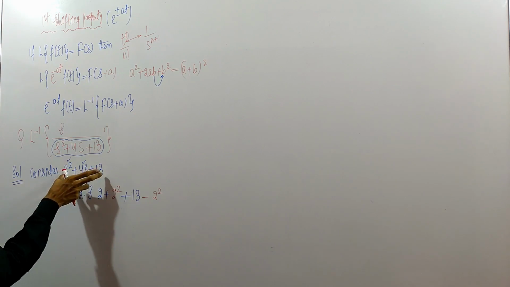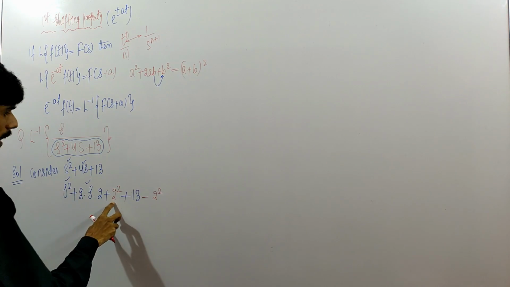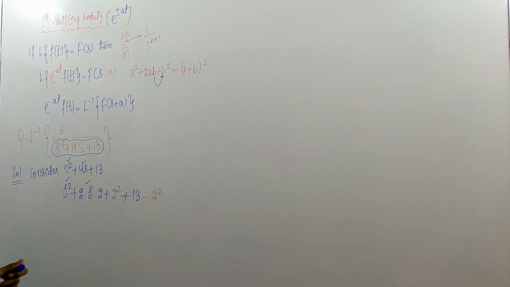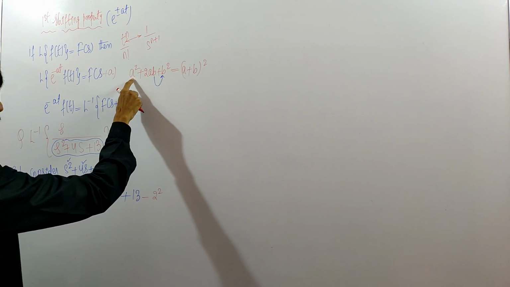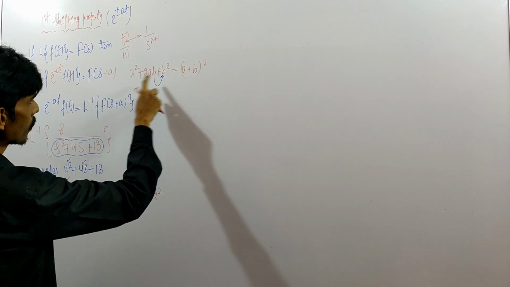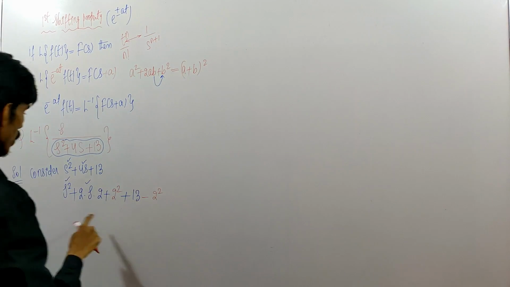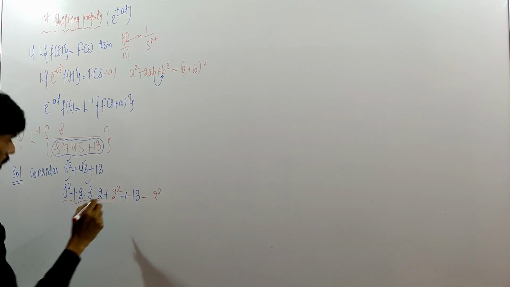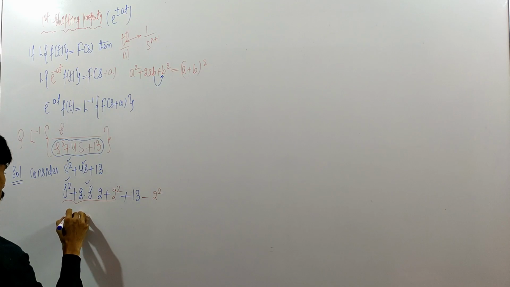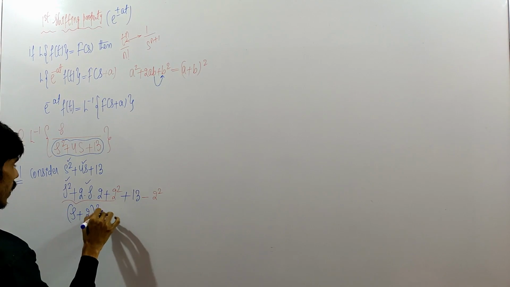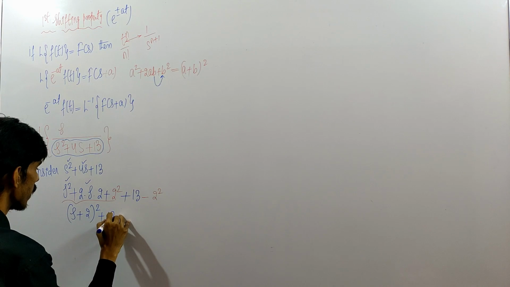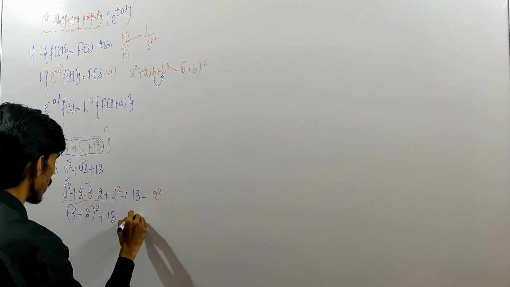In order to modify this, we are just adding and subtracting 2 square so that it becomes a perfect square like this. Now a square plus 2ab plus b square will become a plus b whole square. So this complete will become s plus 2 square, plus here we have 13 minus 2 square, value is 4.